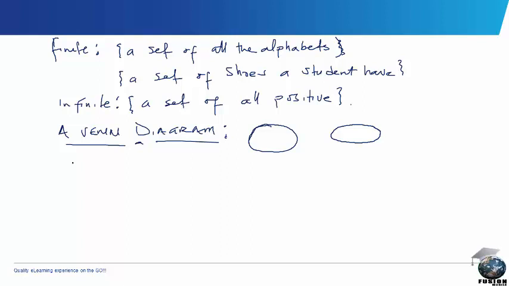For example, if we have a set of days, R is defined as the set of days: Monday, Tuesday and Wednesday.